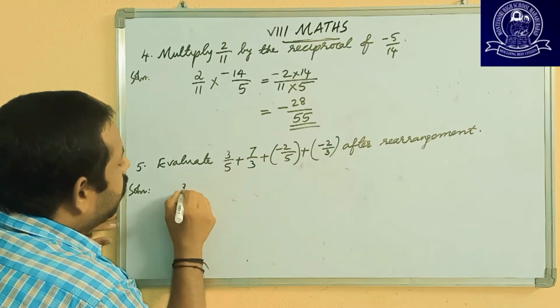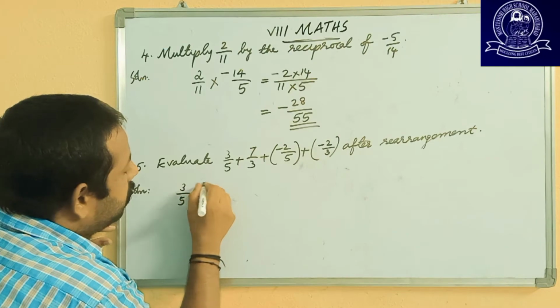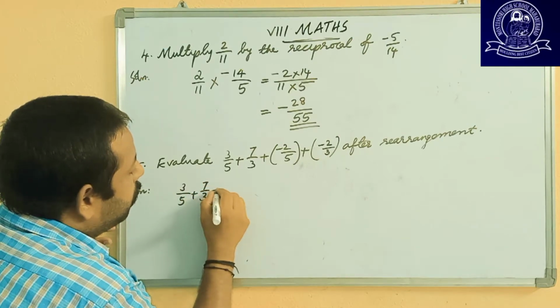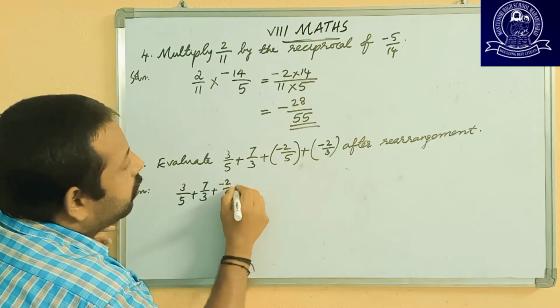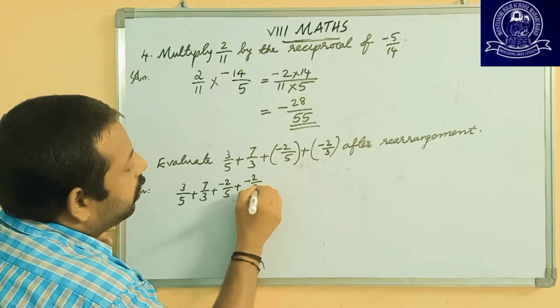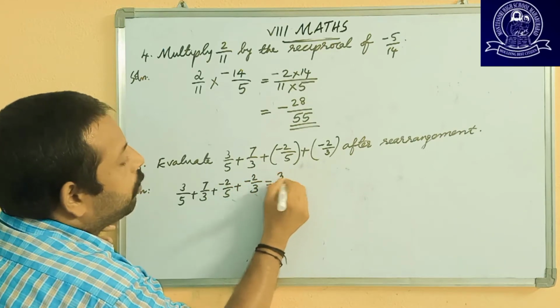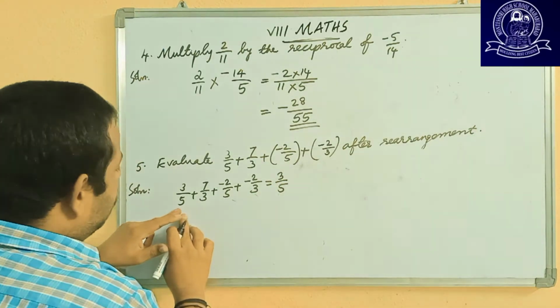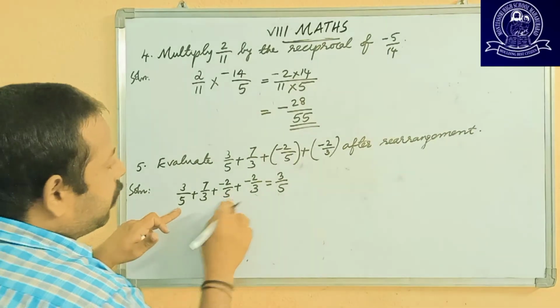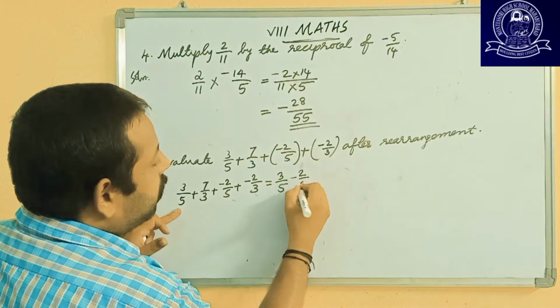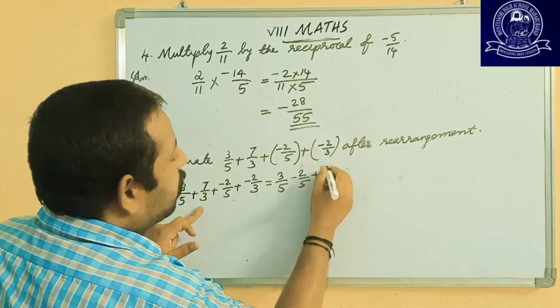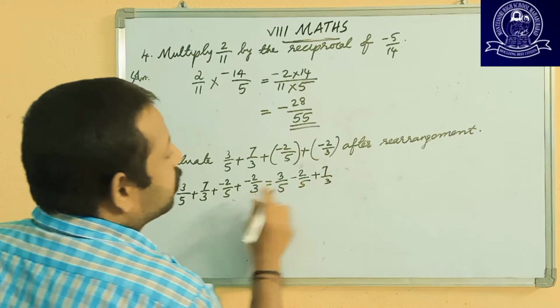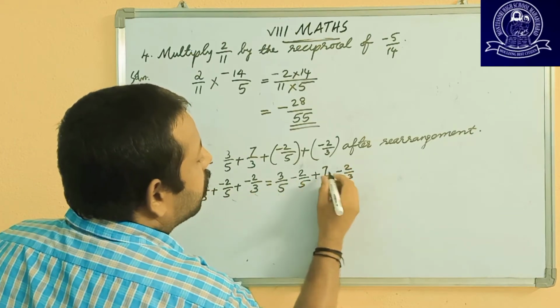That is, we can write 3 by 5 plus 7 by 3 plus minus 2 by 5 plus minus 2 by 3 is equal to 3 by 5. Let us write another rational number with the same denominator. Here we have, let us write that, minus 2 by 5. Now plus 7 by 3. What is remaining? This one, minus 2 by 3.